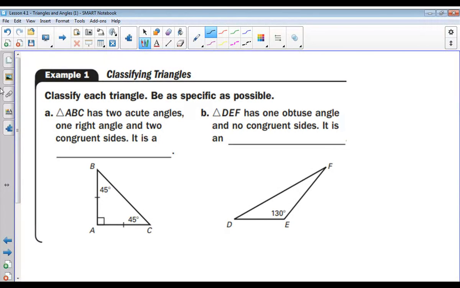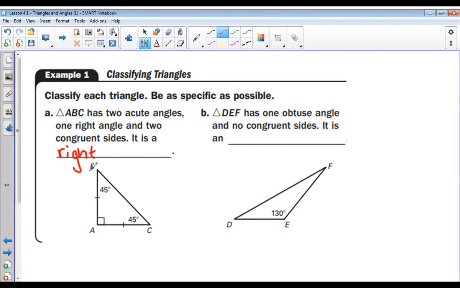If you take a look at the first example, we're going to classify each triangle and be as specific as possible, because sometimes it can be more than one thing. It says triangle ABC has two acute angles, one right angle, and two congruent sides. It is a blank triangle. Well, if we go by angle first, I can see that I have one right angle, so this is considered a right triangle.